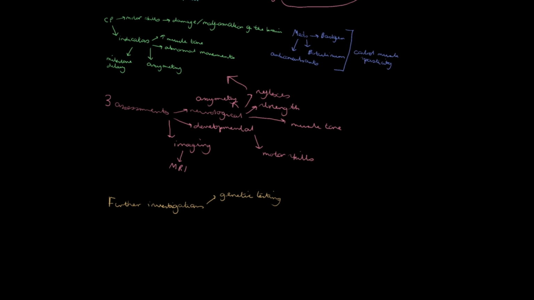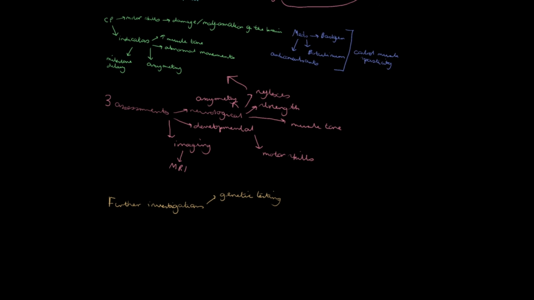An MRI would show any brain damage or any malformations that have led to CP. Other investigations can be carried out depending on the findings to rule out other conditions. We would carry those out usually when there is a suspicion of a genetic or metabolic disorder.